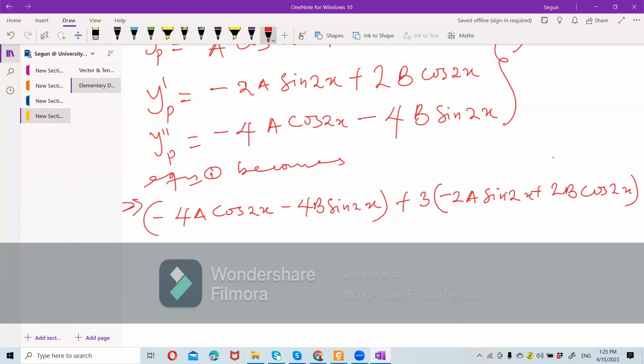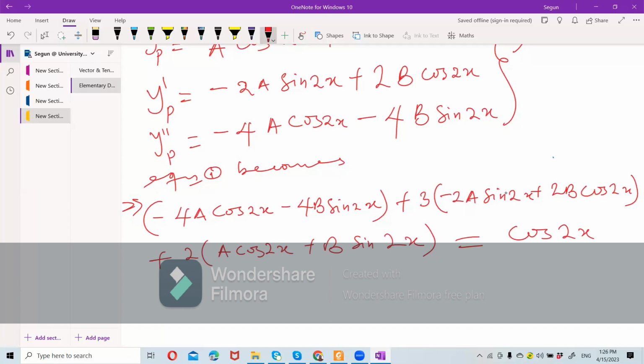Close the brackets. Next, plus 2 times your y, a cos 2x plus b sine 2x. Everything equals cos 2x.